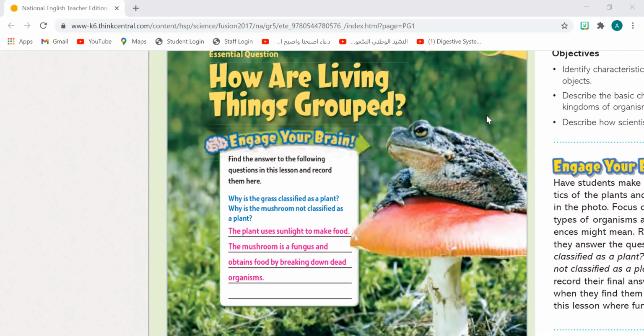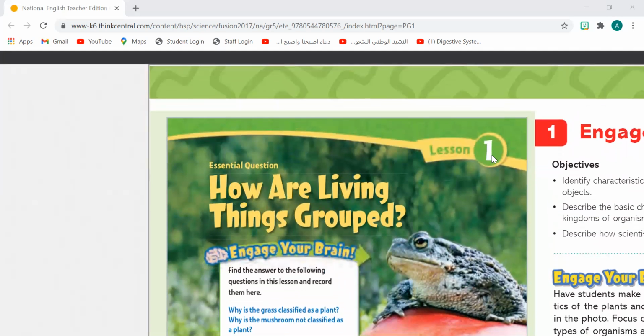Why is the grass classified as a plant? Why is the mushroom not classified as a plant? What do you think? Try to think, okay? Before reading, try to think.